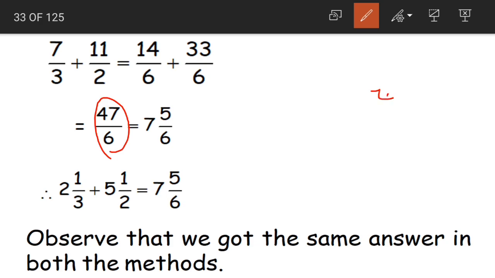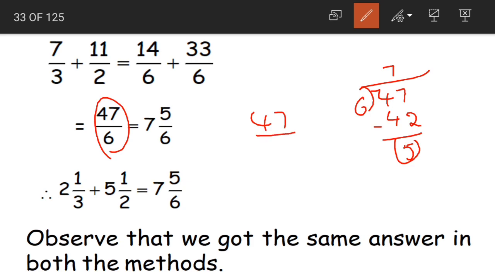47 by 6, right? So divide 47 by 6. We have 6 7s are 42. When we subtract, 5 will be remaining. Now how to represent it in terms of a mixed fraction? What did we have first? We had 47 by 6. So write the denominator as it is, 6.